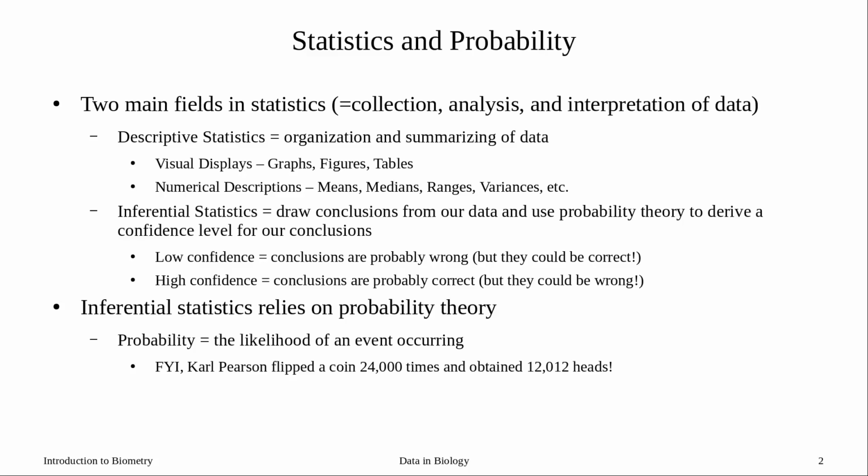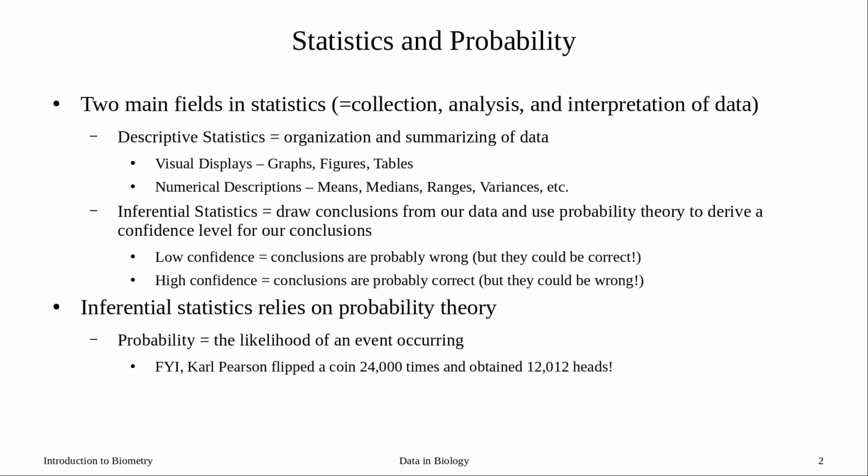With inferential statistics, you are trying to draw conclusions from the data. With these conclusions, you generate p-values that give you a measure of confidence. If you have a high degree of confidence in your analysis, then the conclusions are probably correct, but they could be wrong. If you have a low degree of confidence, then your conclusions are probably wrong, but again, they could be correct.